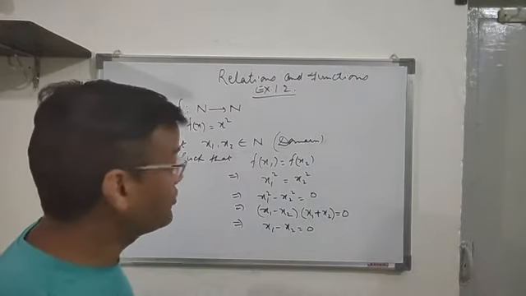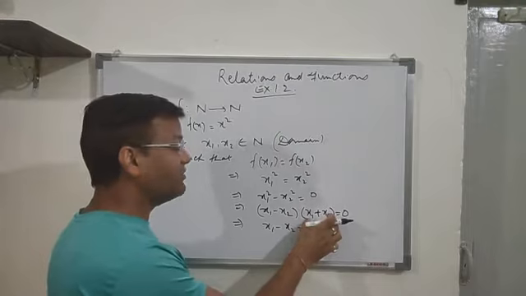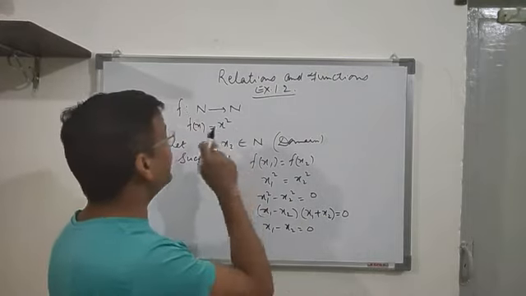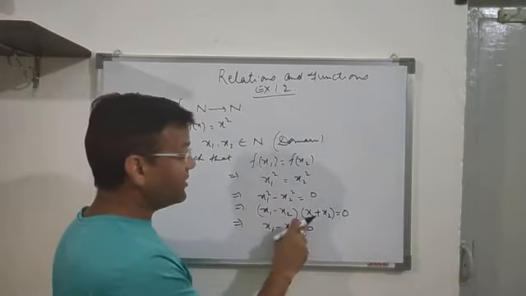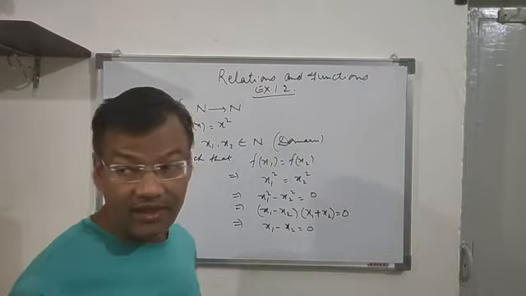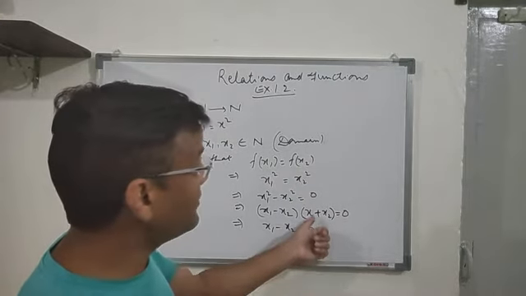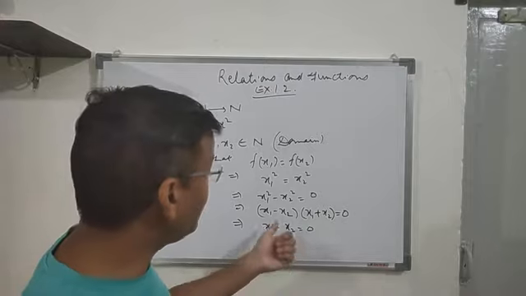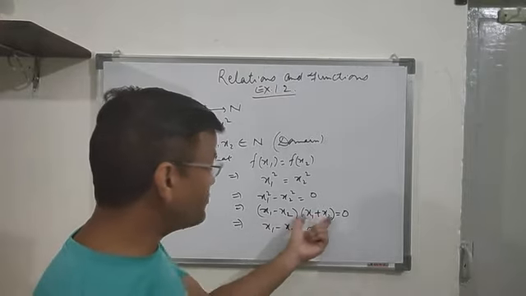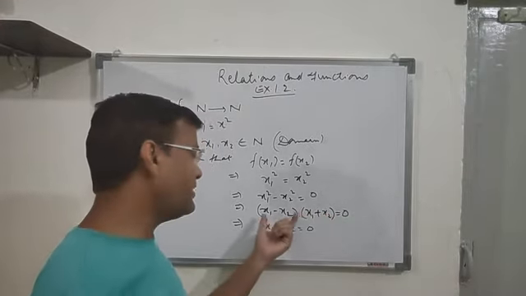Now why is it so? Why have we not taken x1 plus x2 equals 0? Because you know that x1 and x2 are natural numbers, and the sum of two natural numbers cannot be 0. So definitely, if the product of these two is 0, this cannot be 0, definitely this will be 0.